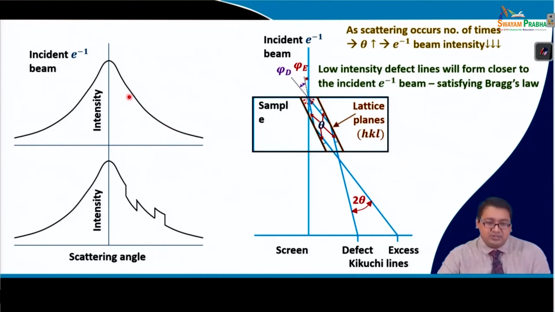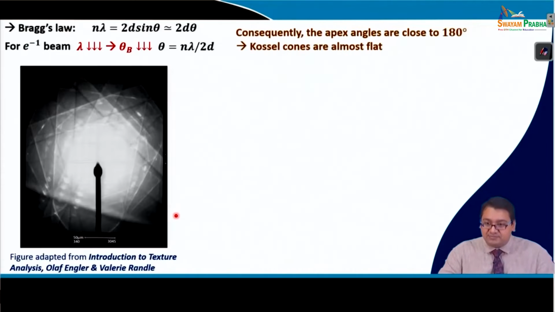So, you see that because of such a phenomenon, the intensity of the direct incident beam reduces in one case and increases in the other case, for one Kikuchi line and another Kikuchi line, for a Kikuchi band to form such kind of excess and defect Kikuchi lines for each and every HKL plane.